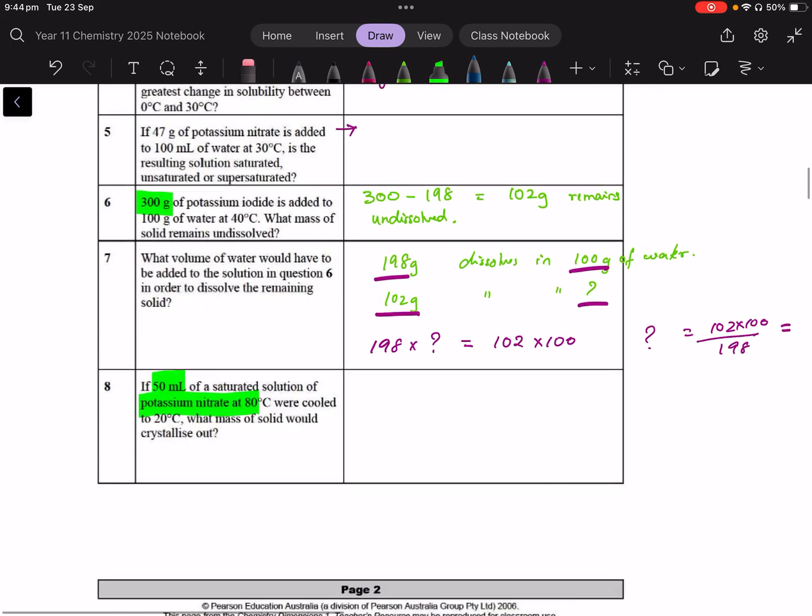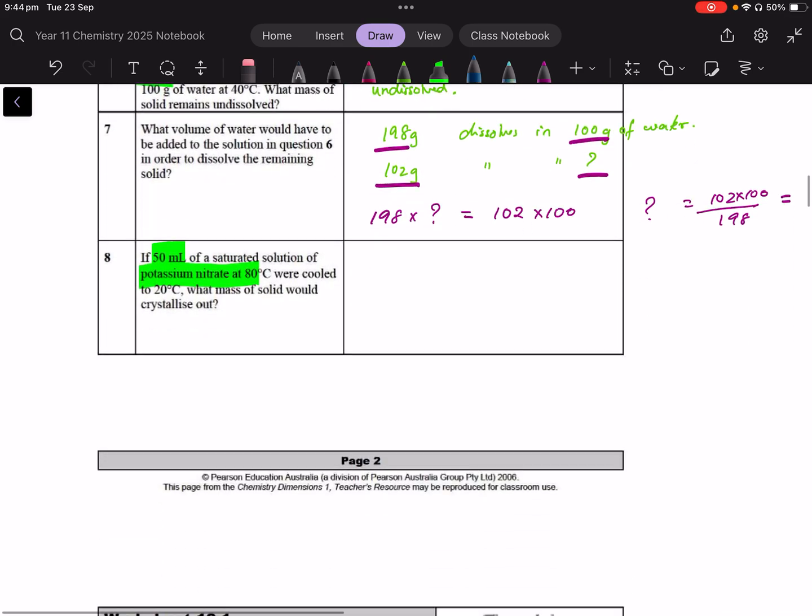So if I require 170 grams in 100 milliliters to be saturated, how much do I need in 50? It's basically half of that, which is 85. So this is going to be 85 grams in 50 milliliters of water at 80 degrees.